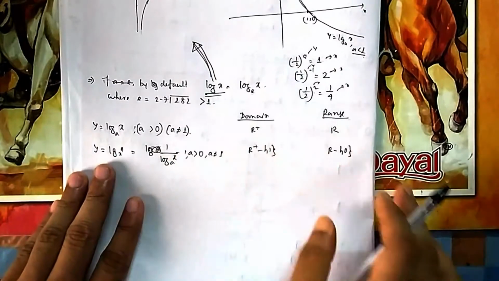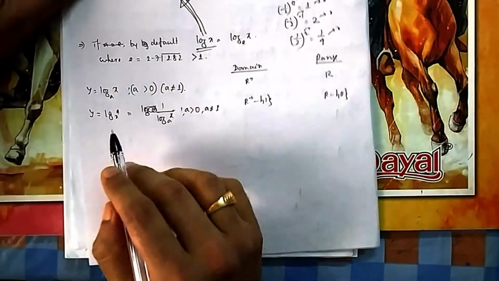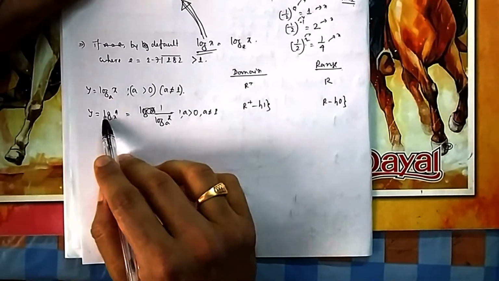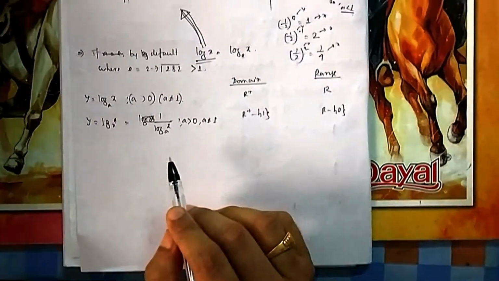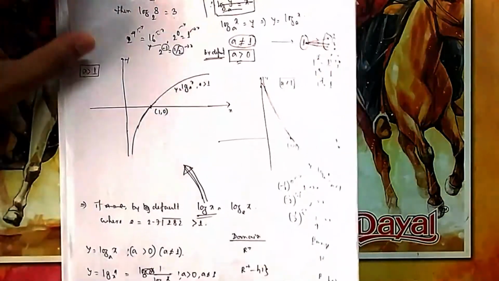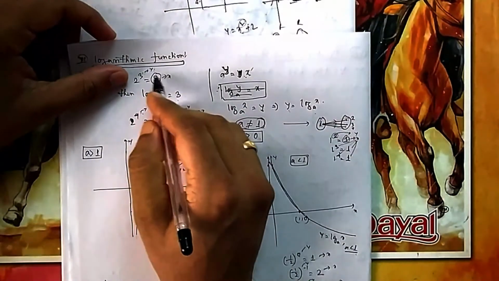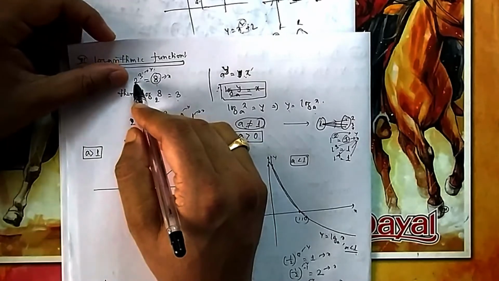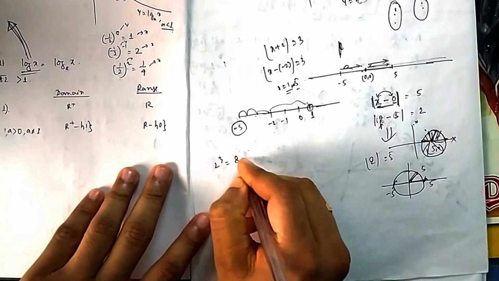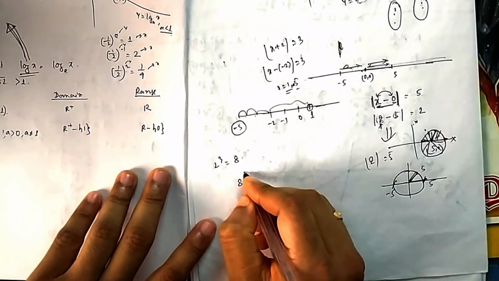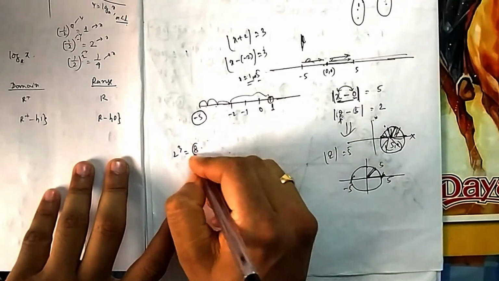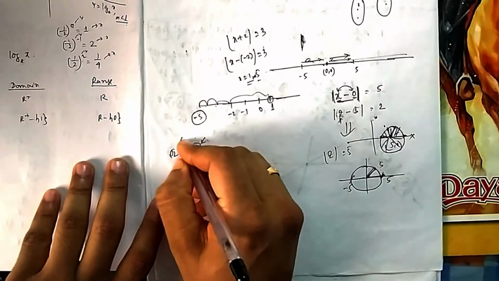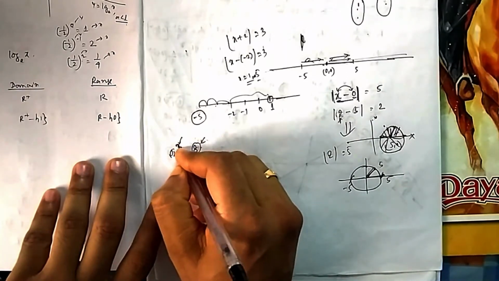Now in logarithm, there is a very interesting property. You can change the base and the input. Log a to the base x is 1 by log x to the base a. How is this possible? Take this example: if it is 1 by 8, then 2 to the power 3 equals 8, and 8 to the power 1 by 3 is also 2. So if this is my input, this is my output y, and the base was this one.